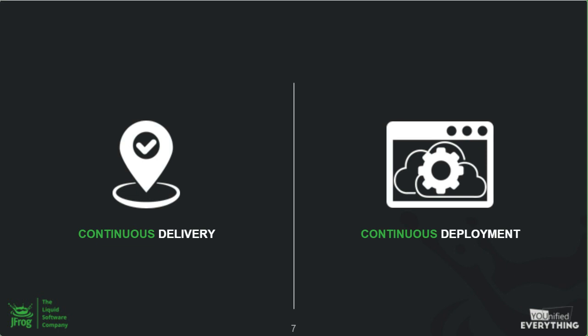Now, as I said before, we have continuous delivery and we have continuous deployment, and let's talk a bit about the difference between them. Continuous delivery means what it says on the box, right? Your software updates are continuously delivered. It's concrete with continuous integration.